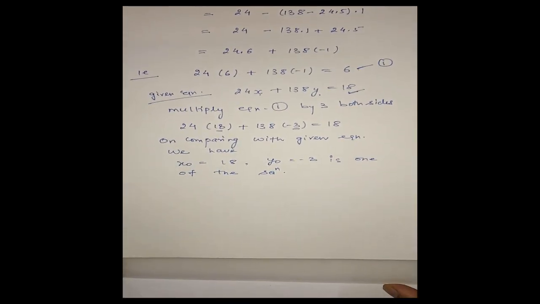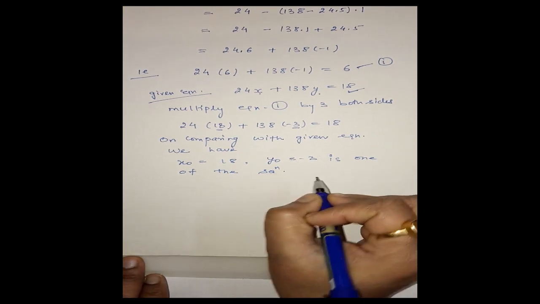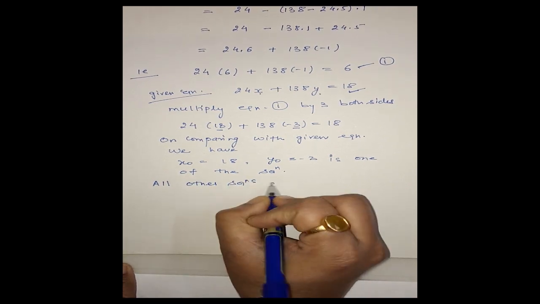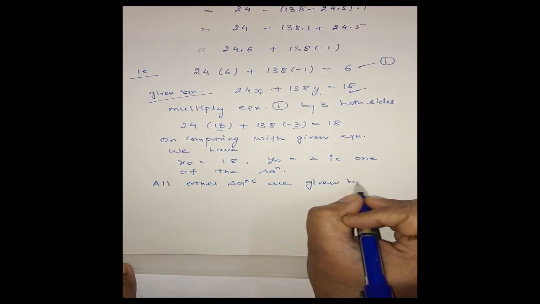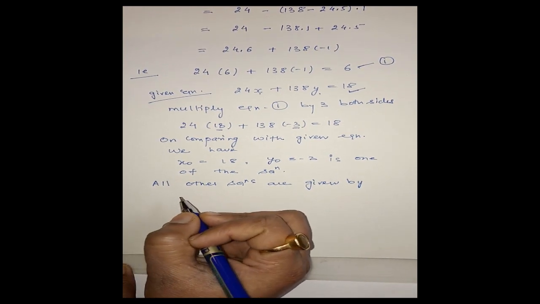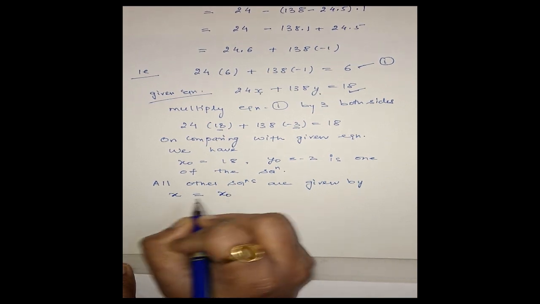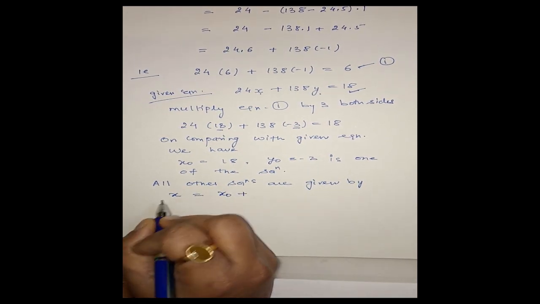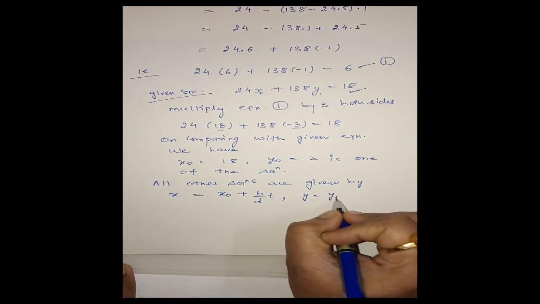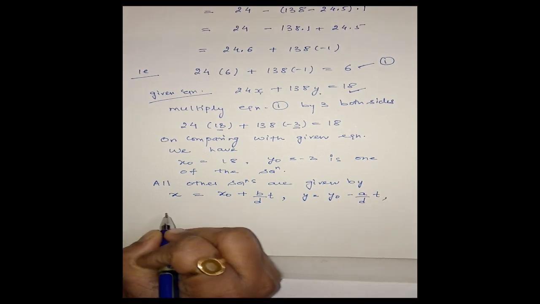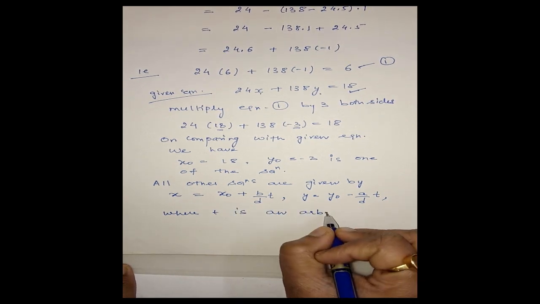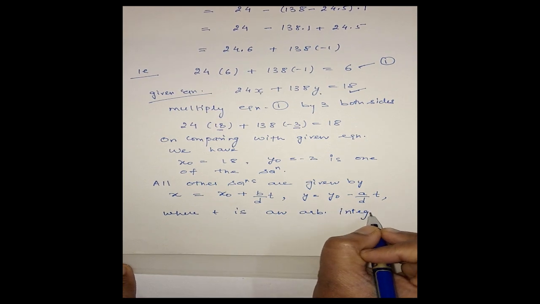Now, if x naught and y naught is a particular solution, then all other solutions are given by, as we have done in the theorem in the previous video on linear Diophantine equations: x is equal to x naught plus b by d into t, and y is equal to y naught minus a by d into t, where t is an arbitrary integer, any integer.